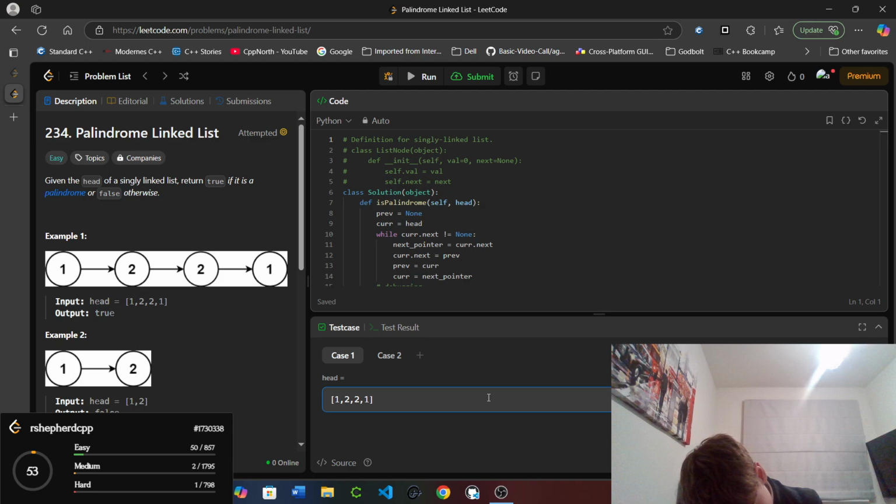Okay, and then we set the middle. Sorry, prev, I think. Initially, it's going to be none. Then we're going to do while slow is not equal to none, and then we're going to do next equals slow.next.